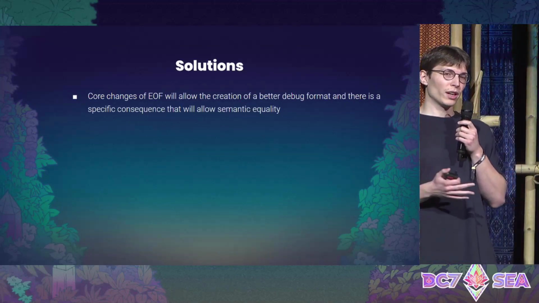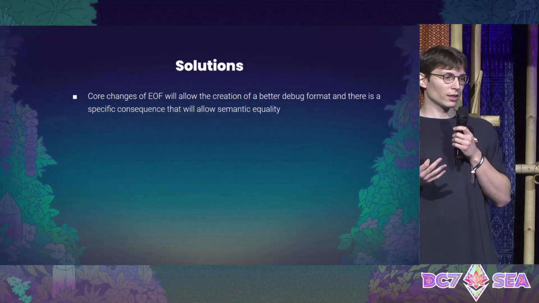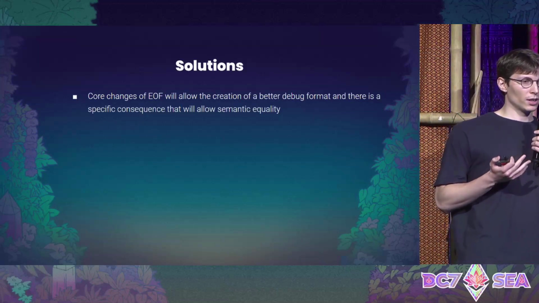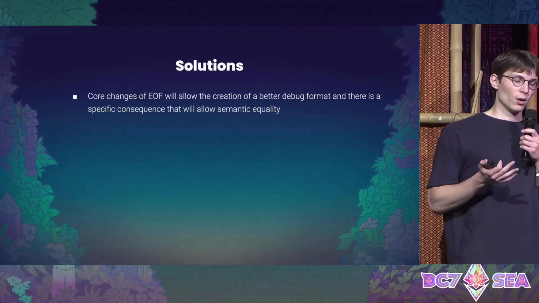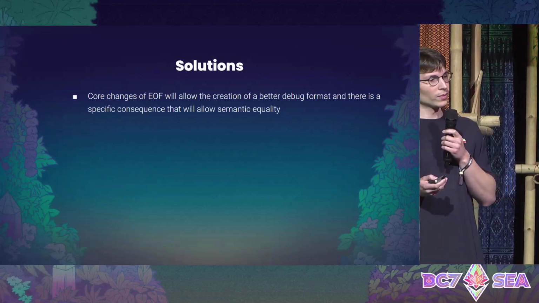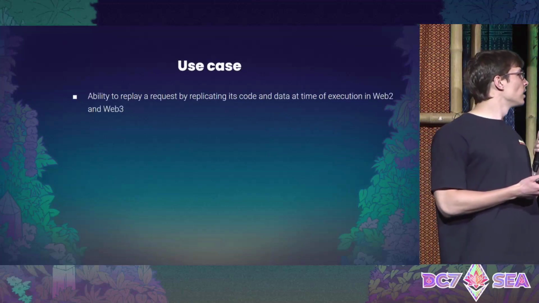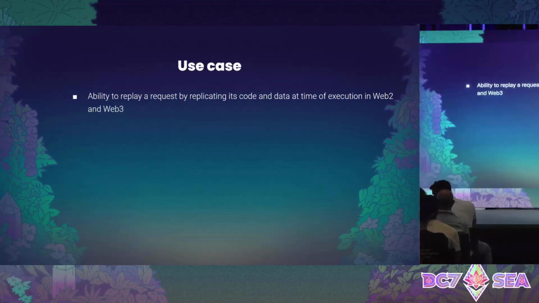Therefore, when we get to a debugging format that will allow us to extract the same kind of data, we will be able to spin up a debugging session that will have the exact same output with an optimized bytecode and an unoptimized bytecode. And this is my final step towards convincing you that Web3 debugging experience could indeed be better, but I'm running out of time, so I will be quick.